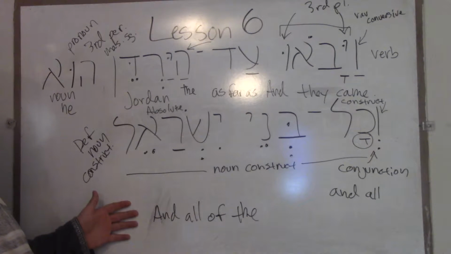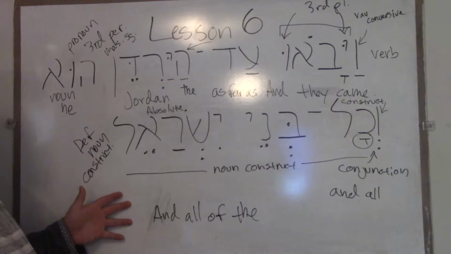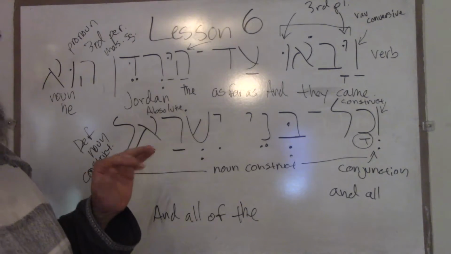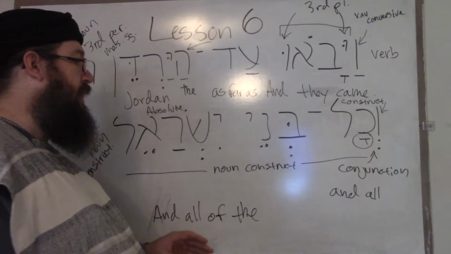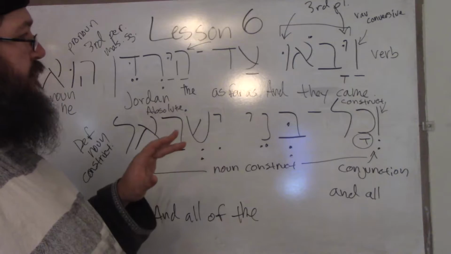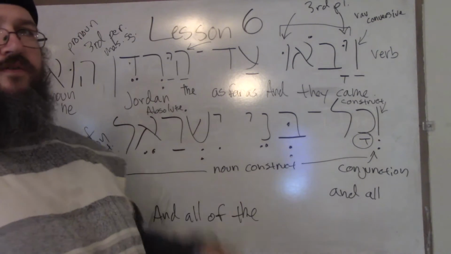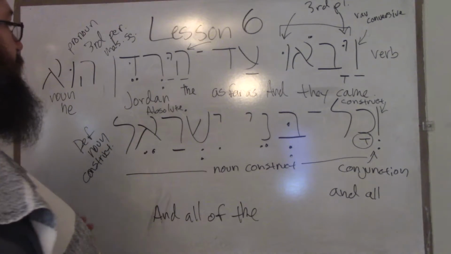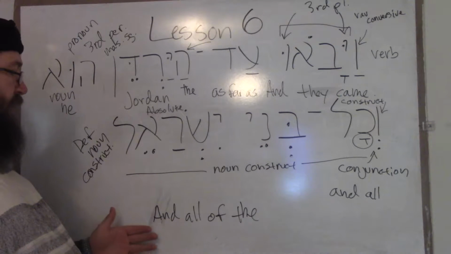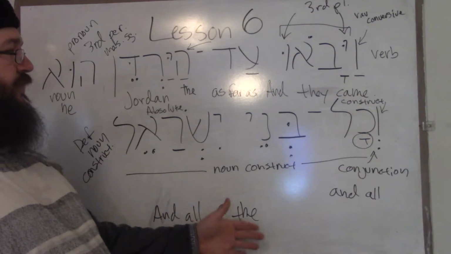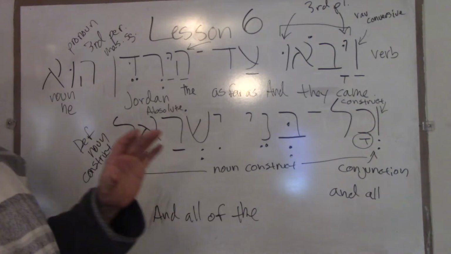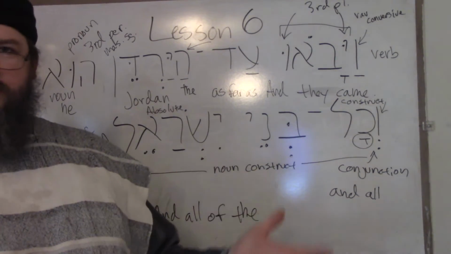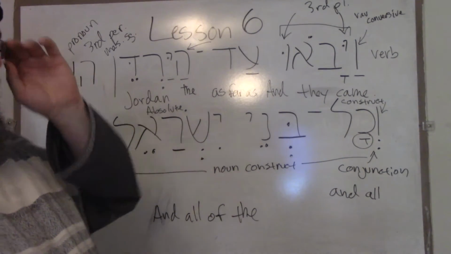Now you might sit there and say, why is it that when we had the noun construct, for example, like the word Ben Yonah, the son of Yonah, right? Why is it we didn't put it like and the all of the, okay? It's because you can see grammatically that doesn't make any sense in English, okay?